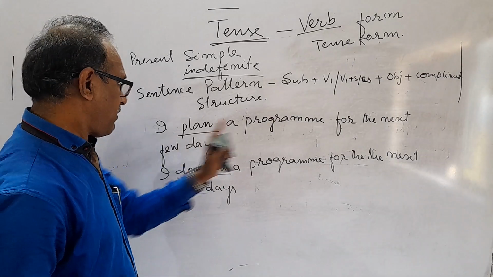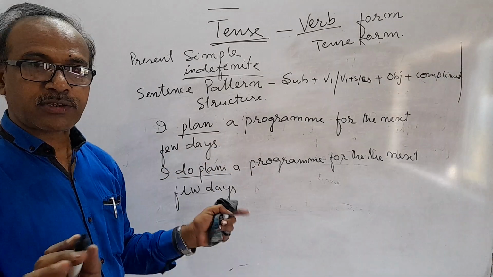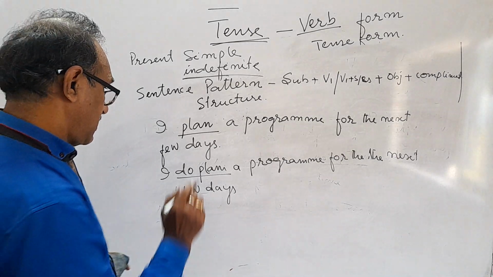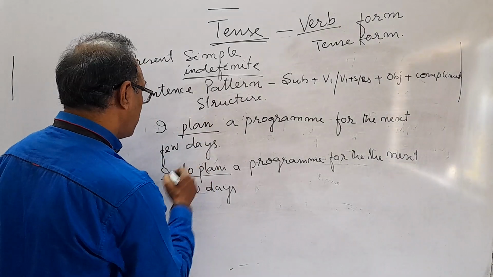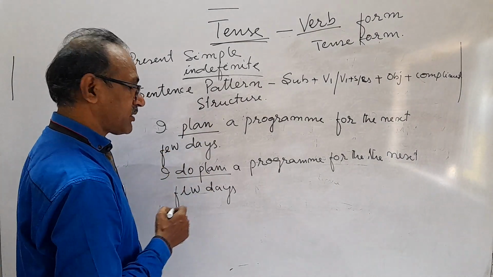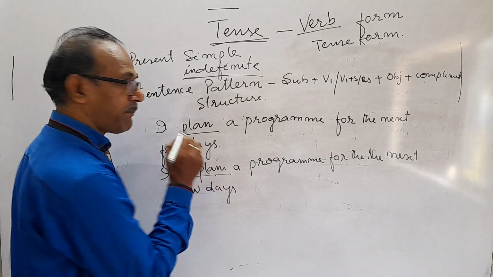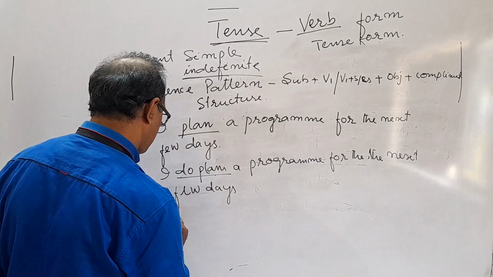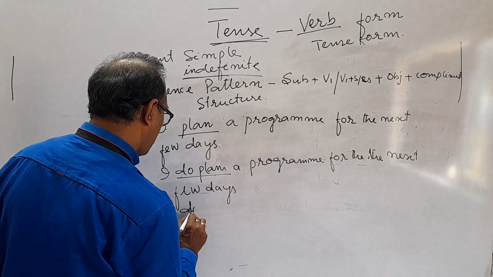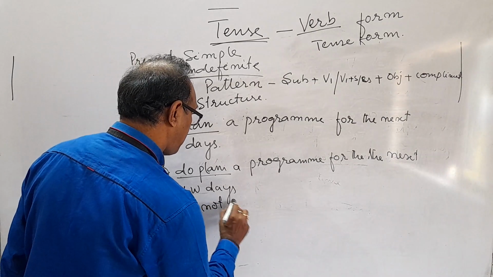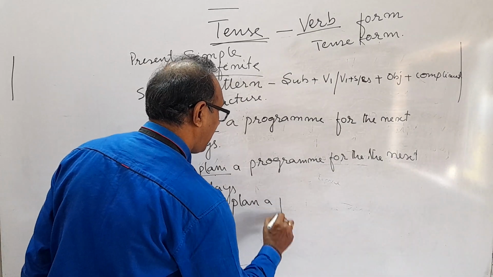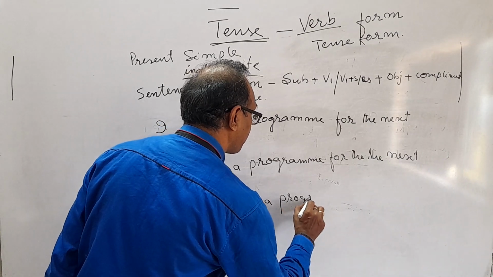I plan a program, I do plan a program. Both are of the same meaning. But in case of negative, we will just put a not in between do and plan. So the sentence will be I do not plan a program.